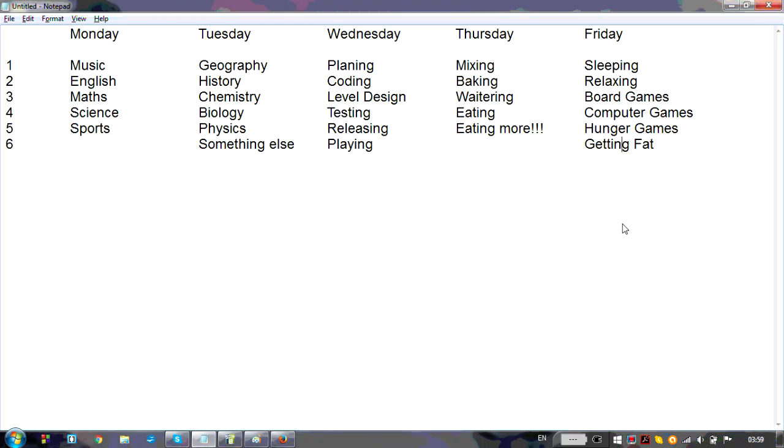So I really want to think for a little bit about such tables, because there is something we need to understand about tables. This table has 5 columns for each of the working days of the week and 6 lines for each of the 6 hours you can spend in school.